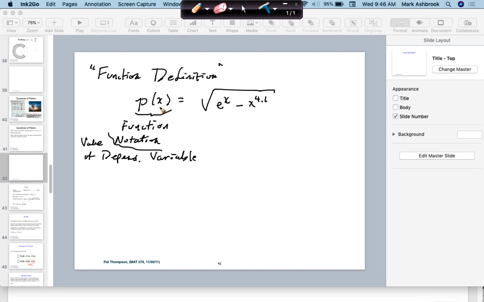Because x is the independent variable, and it represents all possible values in the domain. So when you say p of x in the function definition, you're talking about all possible values of the dependent variable. And over here, this is called the rule. This is how you get them. How do you get every value of the dependent variable? According to the rule.